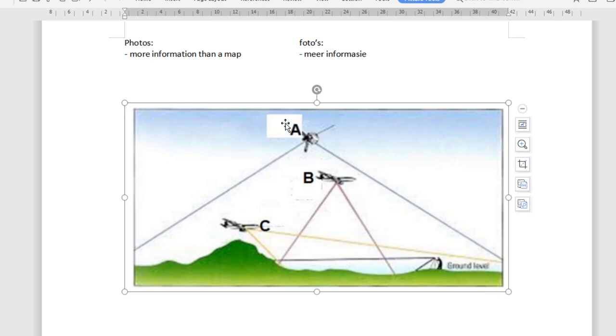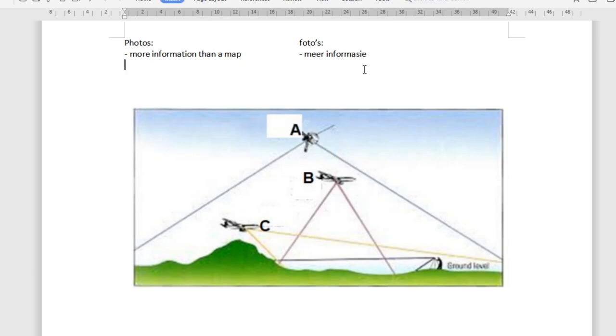Okay, so let's look at the different types of photos. Here we've got A over here, that's a satellite. Okay, so satellite photos are taken from really high. A satellite. So it's taken from space. You can imagine, you can see on this picture as well, it's a very wide area.